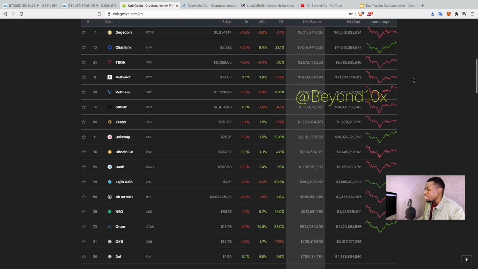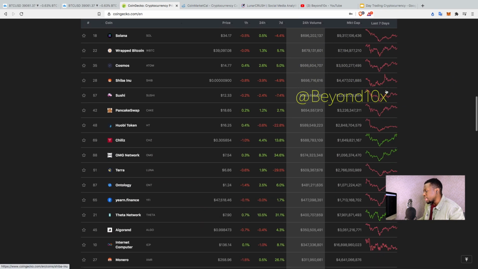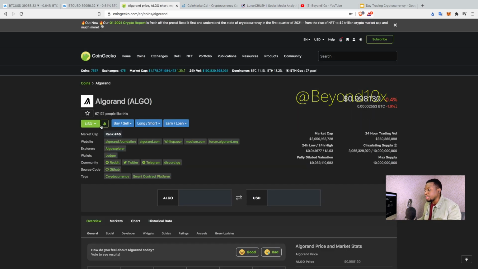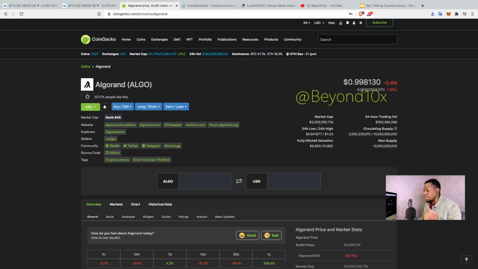So let's say you're tracking some cryptocurrencies. Which one can we use? If you take a look at this particular section, there is a rank. The rankings can help you decipher the probability of what type of gains you might be able to make. For example, this particular cryptocurrency, Algorand, is occupying the 45th rank, and the market cap is only about 3 billion.